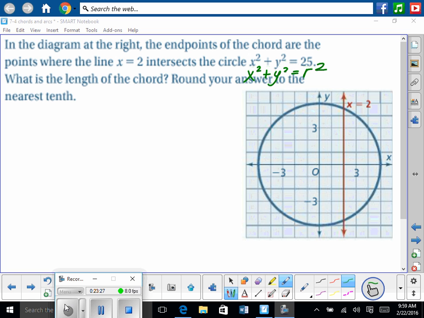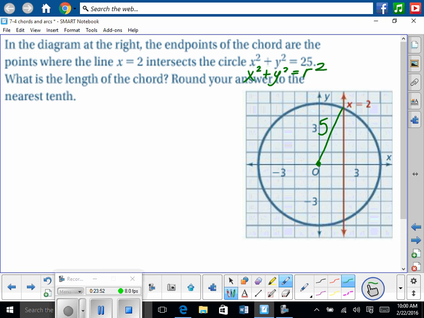What can I do? Yep, Mason, you're right on. Okay, so Mason's saying, can I go from the center of my circle and draw a line out to the line x equals 2? Isn't that a radius, people? What is my radius? 5.